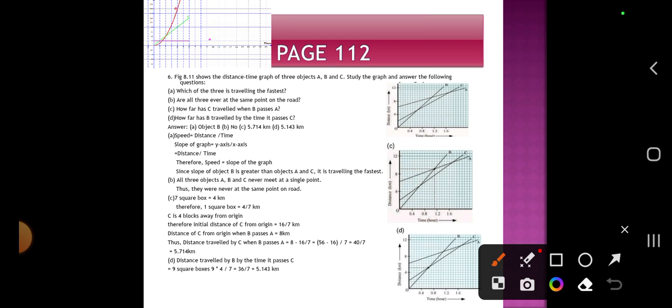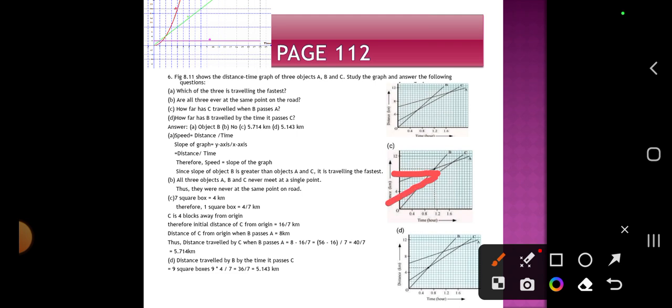Now, the distance traveled by C when B passes A. When we have to calculate this distance, what is the distance traveled by C? We have the distance of C when B passes A, that is 8 kilometer, and we also have the distance from the origin.